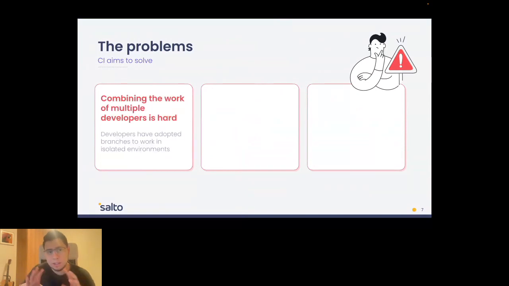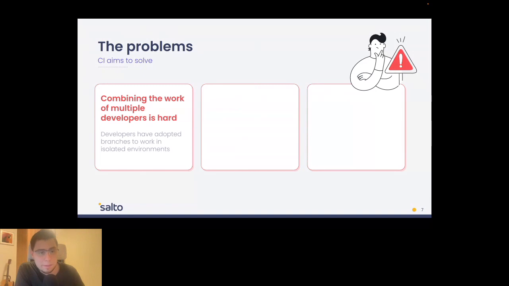In traditional software development, developers have adopted Git branches in order to isolate their work. And in the Salesforce world, we use both Git branches and sandboxes. A personal or dev sandbox is kind of a branch in the sense that it is an isolated environment.